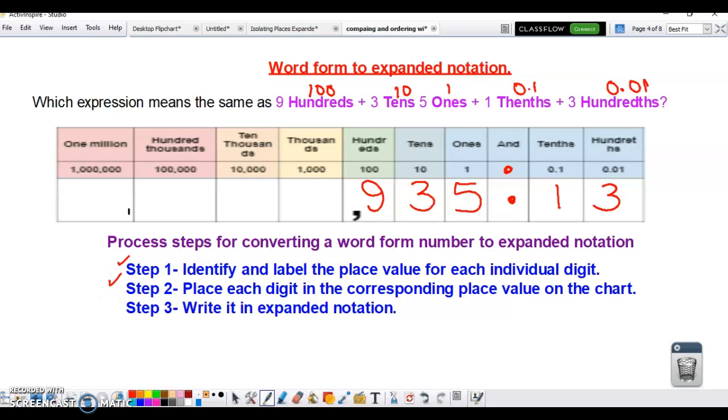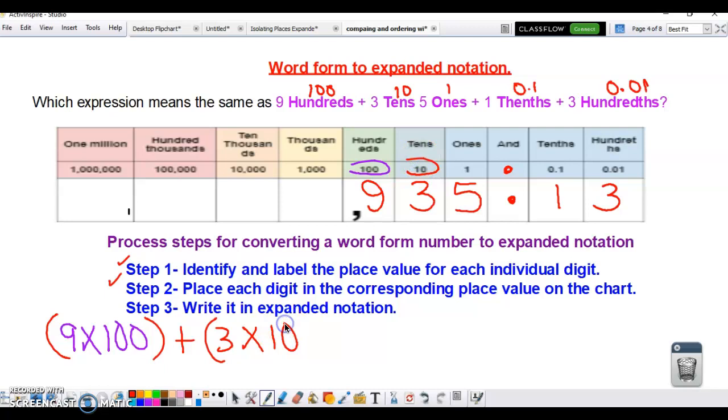Now is to write it in expanded notation. And we always start from the greatest amount. In this case it's the 9 hundredths. And so on, we work down to the hundredths. Open a parenthesis. Start with the 9 times, it's in the hundredths place. So multiply by 100. Close the parenthesis. Plus, open the parenthesis. Now we go with the 3 and the tenths. So 3 times, it's in the tenths.